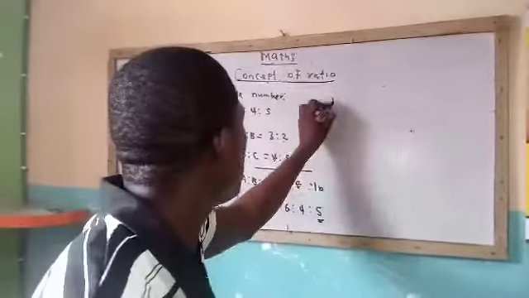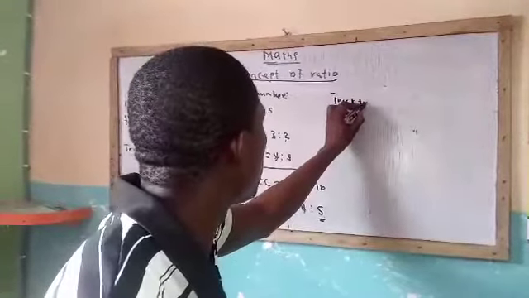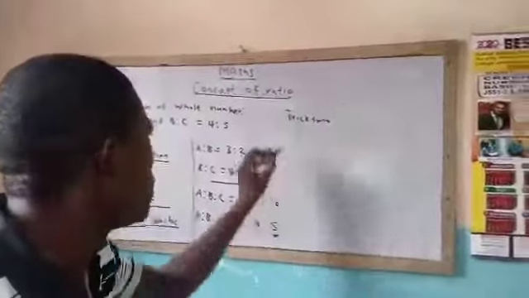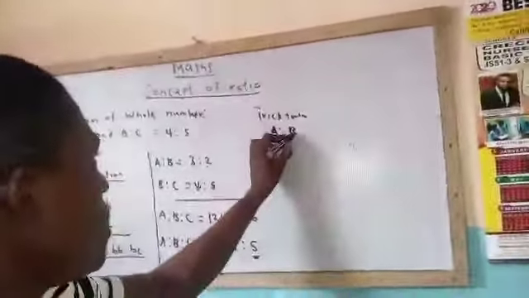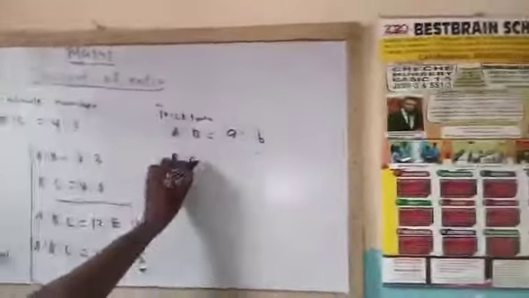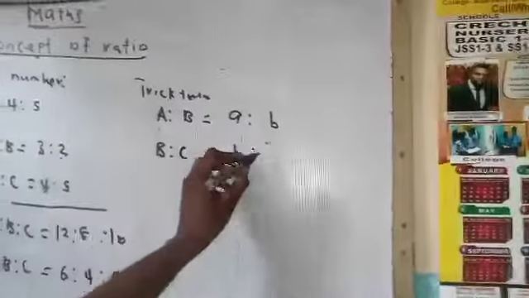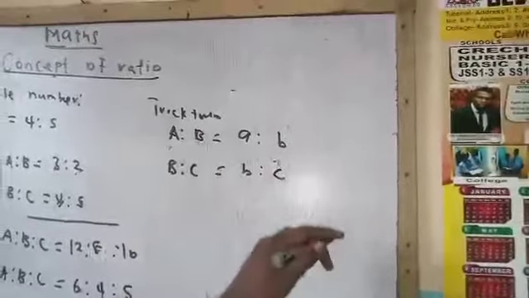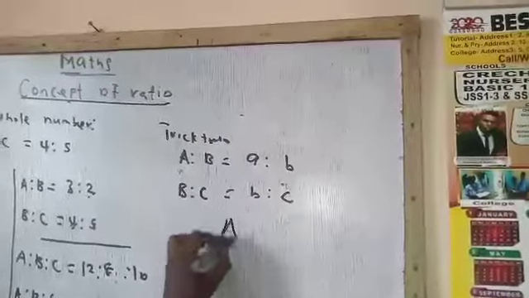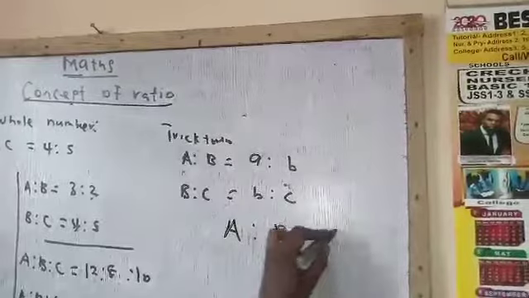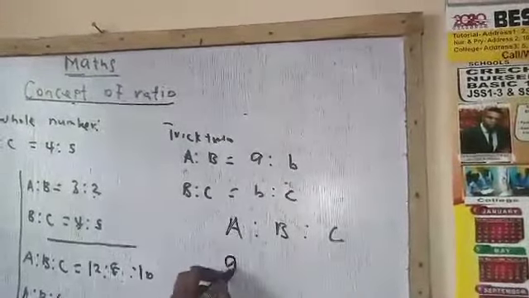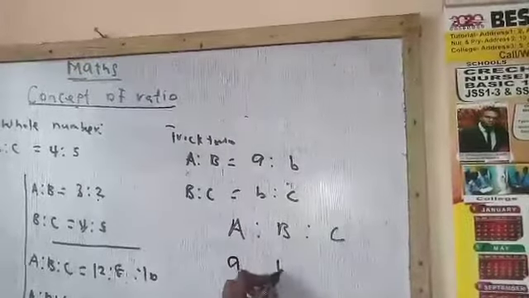Then if you are solving using trick 2, trick 2 is about the clockwise movement. So we have A ratio B, let's call it small a, small b, and B ratio C, let's call it small b ratio small c. So let's form the pattern. The examiner asks us to find A ratio B ratio C. That's what we are asked to find. So let's look at the movements. We have A in the first one, and we have B in the second one.